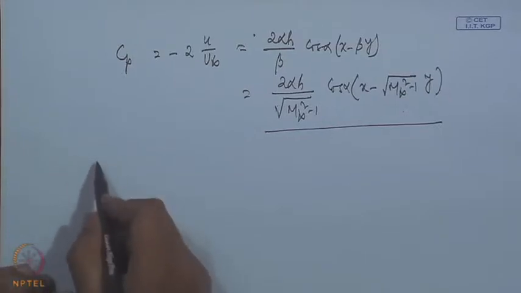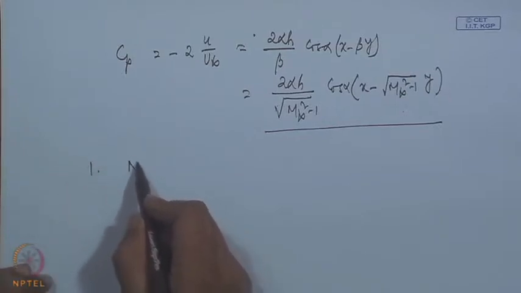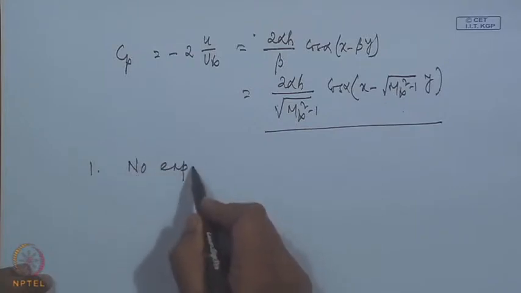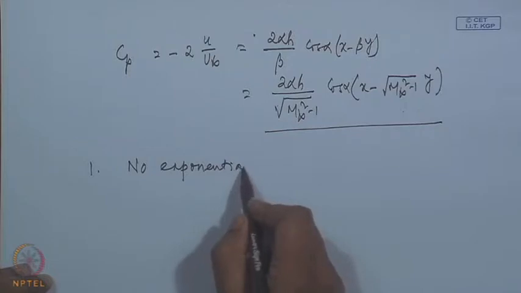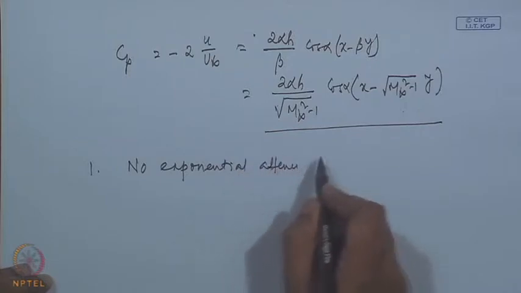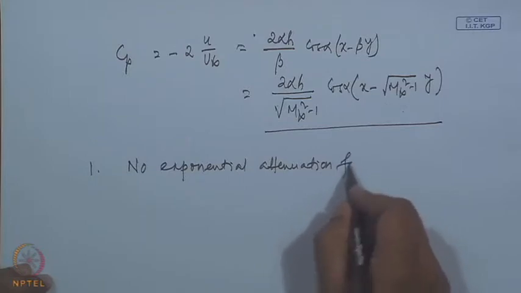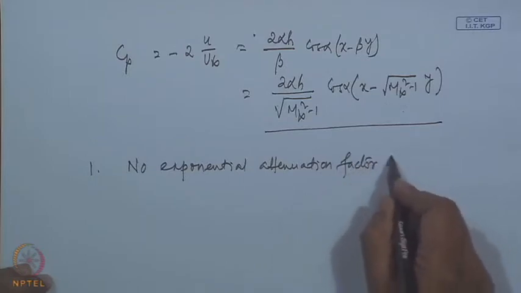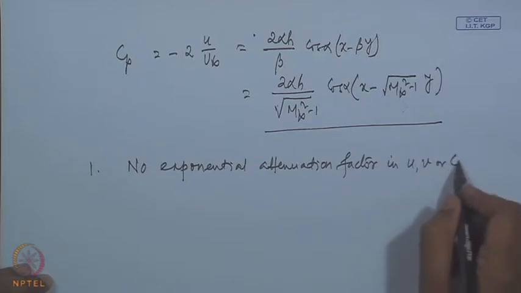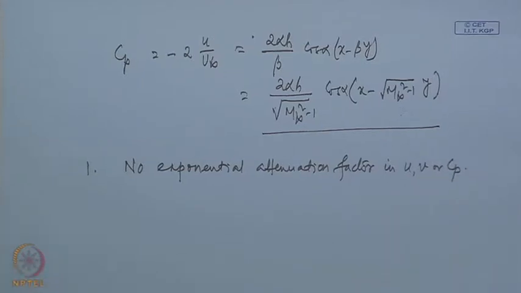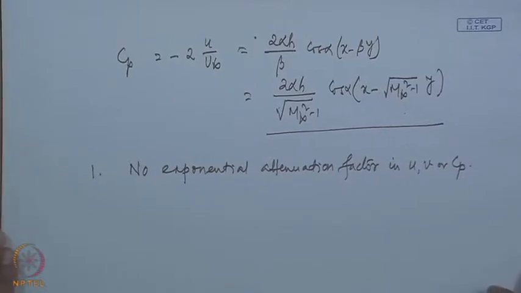So, the first observation that we can make is no exponential attenuation factor in u, v or C p, and it simply means that the perturbations do not vanish as we increase our y, which is unlike the subsonic case, where we saw that the perturbation decreases as y is increased.